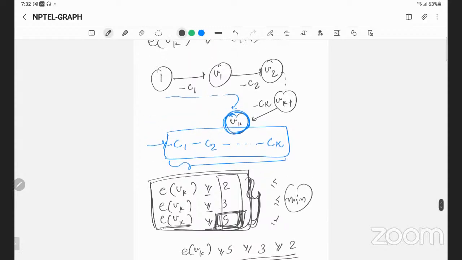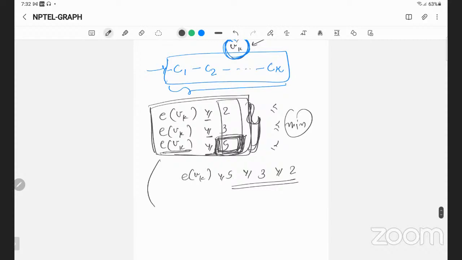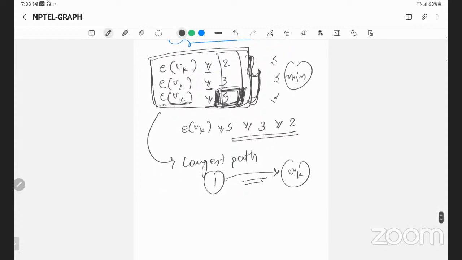So to get this maximum value, earlier we saw that for the minimum, we need to choose the shortest path. But now since we want the maximum value, we need to choose the longest path from vertex 1 to vertex Vk, right? And that longest path will give me the tightest lower bound on the value of Vk.